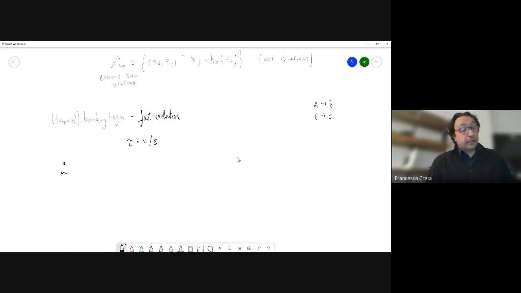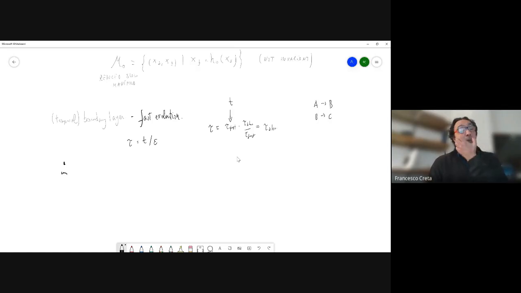So in some sense, if t is a fast time scale, then if we multiply by epsilon, well, actually it was 1 over epsilon, so we should multiply by t slow over t fast. You see that essentially what tau is, it's tau slow. So when t is fast, actually tau is slow.